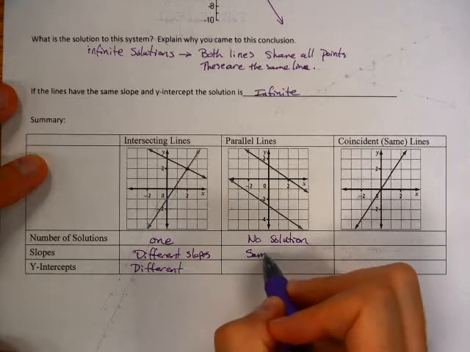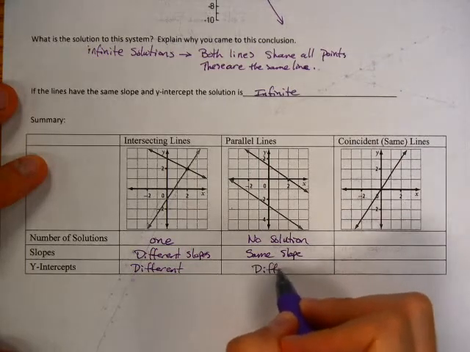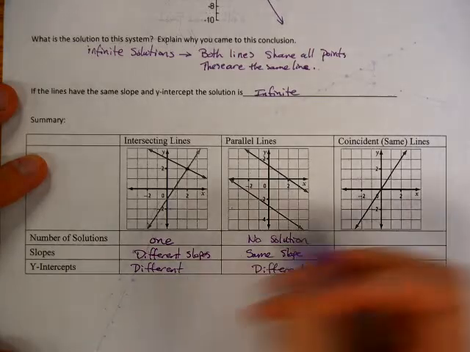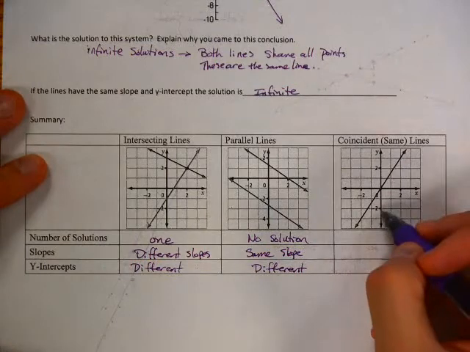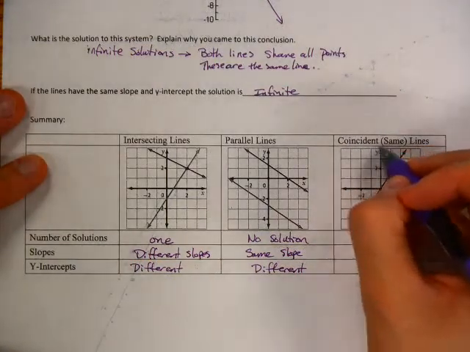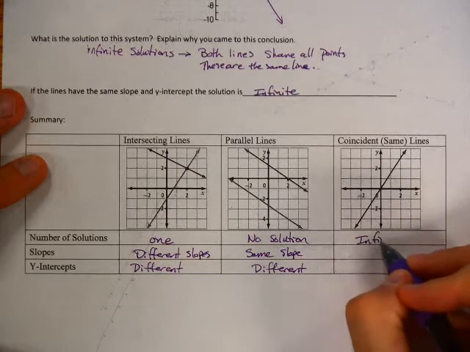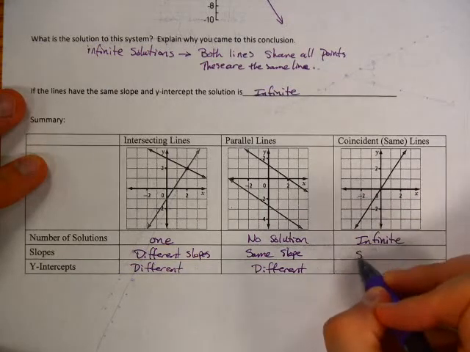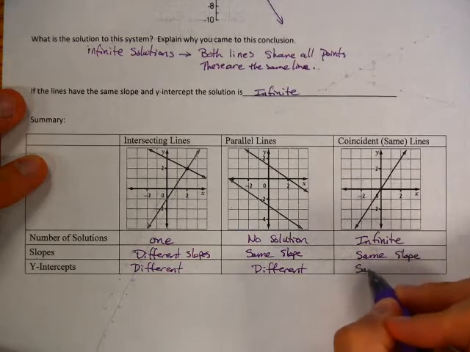Same slope, different y-intercept. They need to be different in order to be two different lines. And this, it says this is coincident or the same lines, so this has infinite solutions. Alright, they have the same slope, and they have the same y-intercept as well.